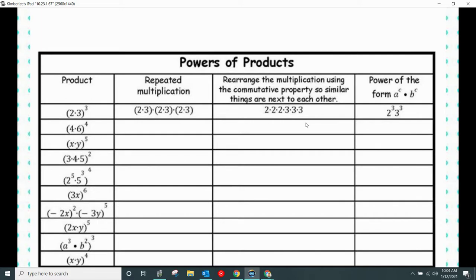Okay, so let's look at this next one here. 4 times 6 to the fourth. Well, that's this stuff, 4 times 6, multiplied 4 times. And then I'm going to use parentheses this time instead of the dots, just because it's easier. You can use parentheses or dots to figure the multiplication. Either one doesn't matter. Now what I want to do is take all my 4s and move them around.